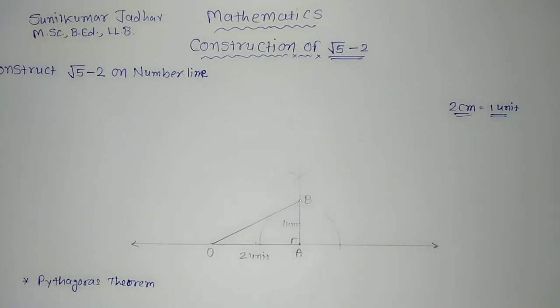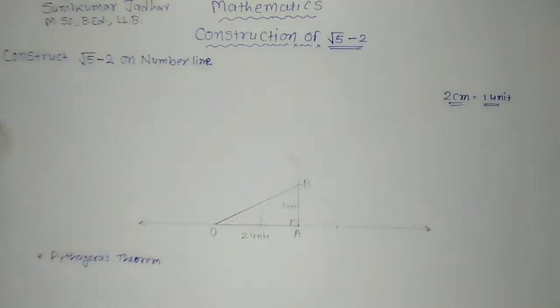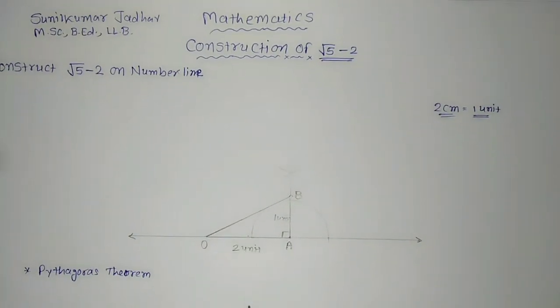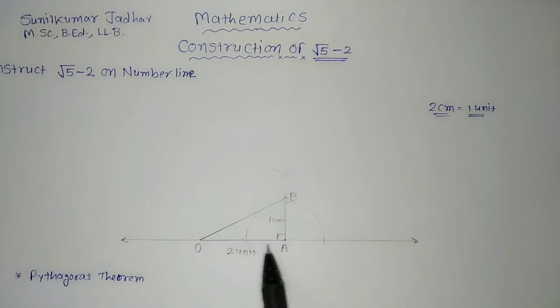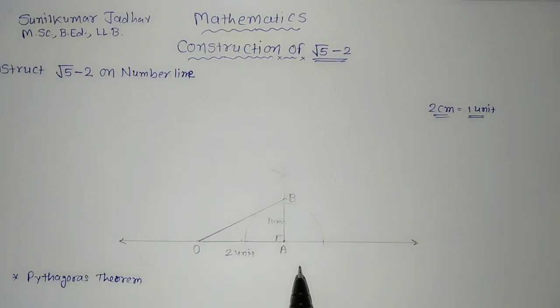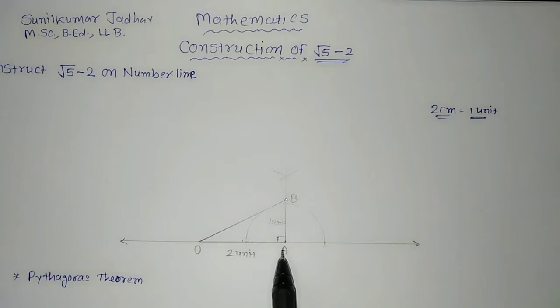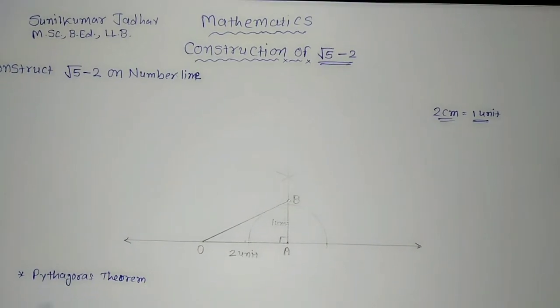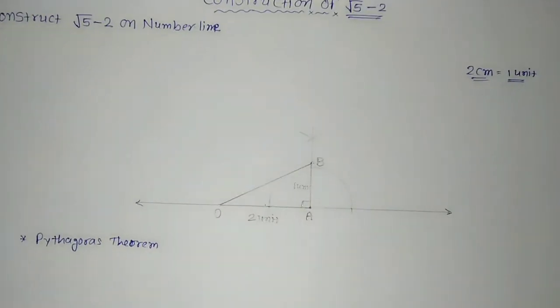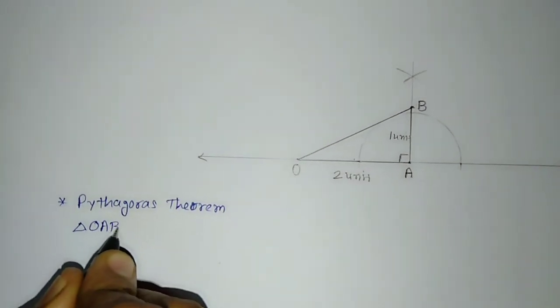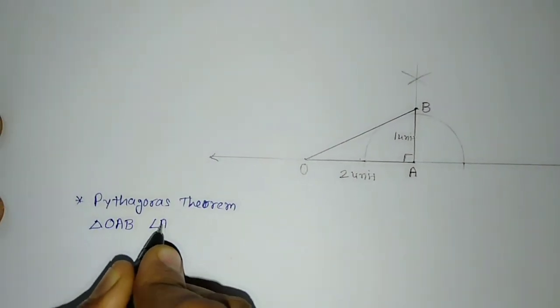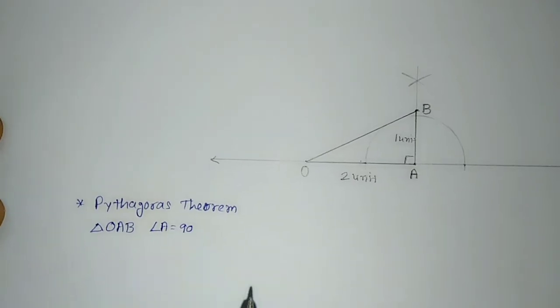So now we'll do the Pythagoras. We'll write it as per the Pythagoras theorem. In Pythagoras theorem, square of the hypotenuse is equal to the sum of the square of other two sides of the right angle triangle. So as per the Pythagoras theorem, we know that in triangle OAB, angle A is equal to 90.